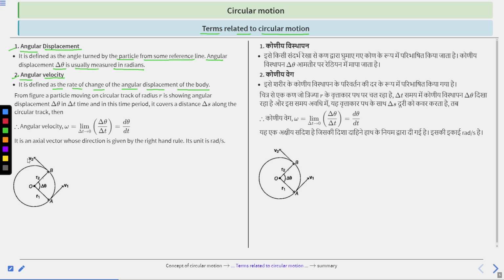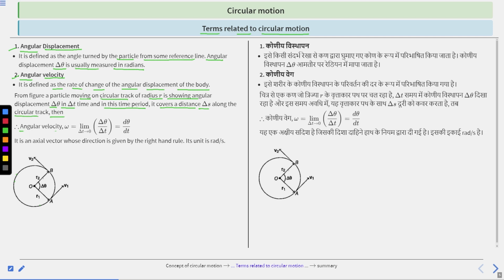So from this figure, a particle is moving on a circular track of radius r, showing angular displacement delta theta in time delta t. Clear? And in this time period, it covers a distance delta s along the circular track.